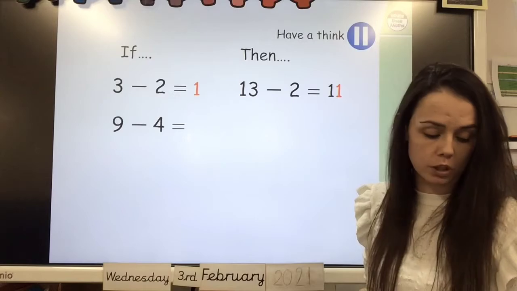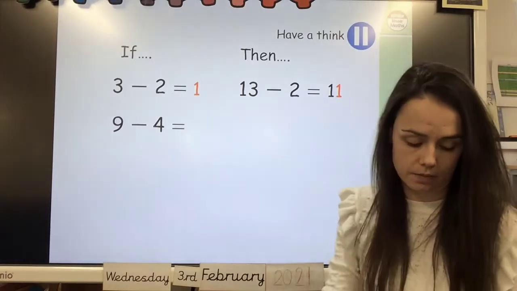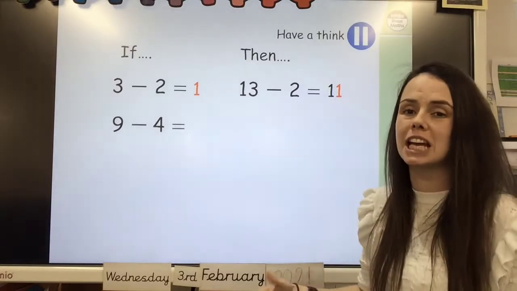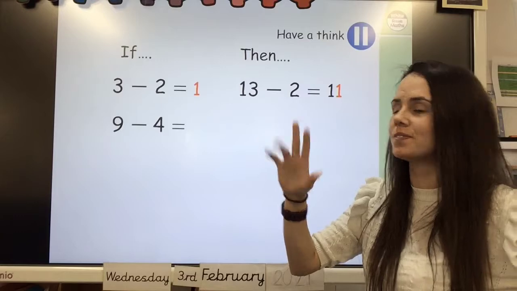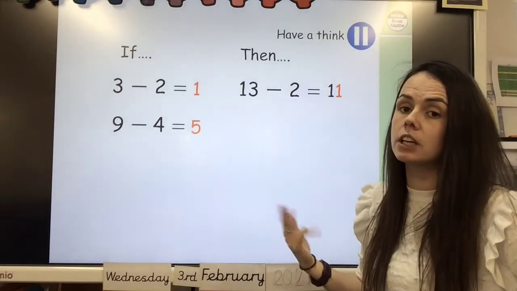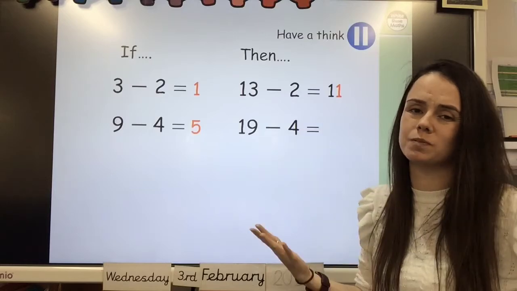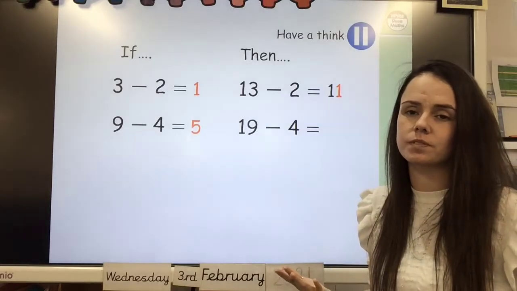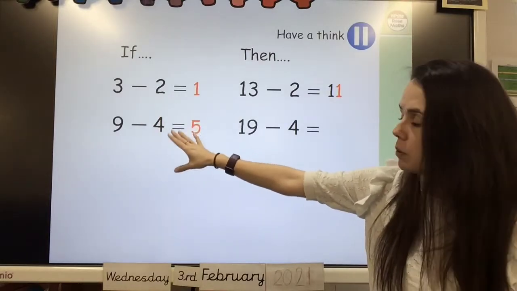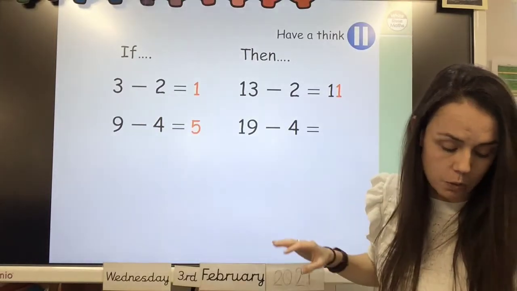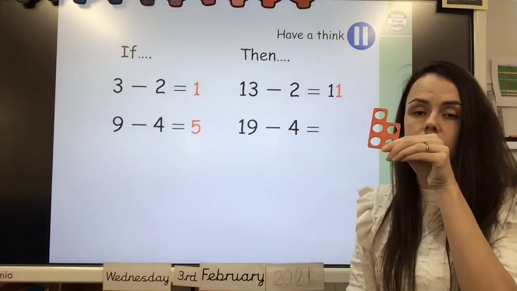9 take away 4, so I'm going to get my 9 piece. 9 take away 4, so 9 fingers, hold up, take away 4. That makes 5, which means that 19 take away 4 is what? So let's do 9 take away 4 equals 5.